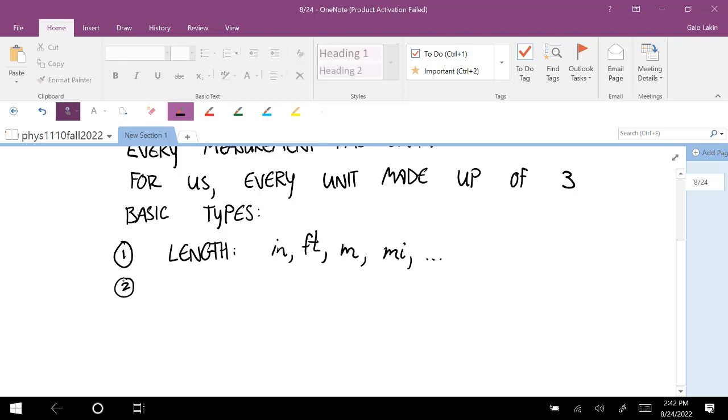The second basic type is time. And that can be seconds, minutes, hours, and so on.